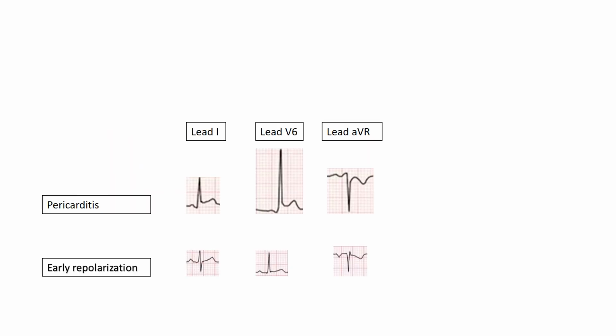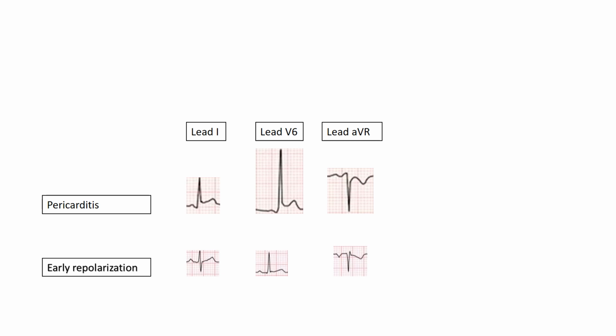This diagram has been made to help you understand the differences of ST segment elevation in case of pericarditis as well as early repolarization. We have shown the complexes from two patients, one with pericarditis and one with early repolarization. We have taken lead 1 as well as lead V6 as well as lead AVR.